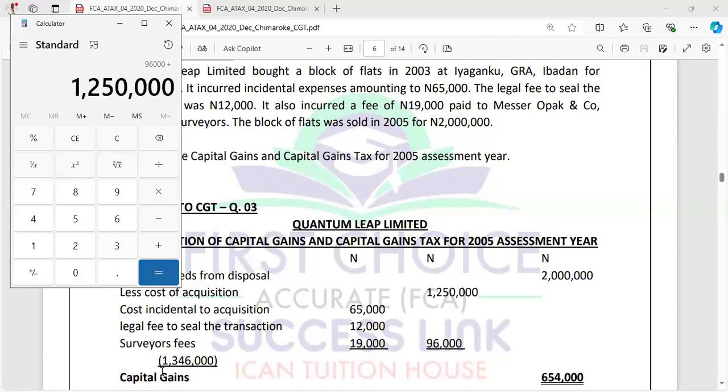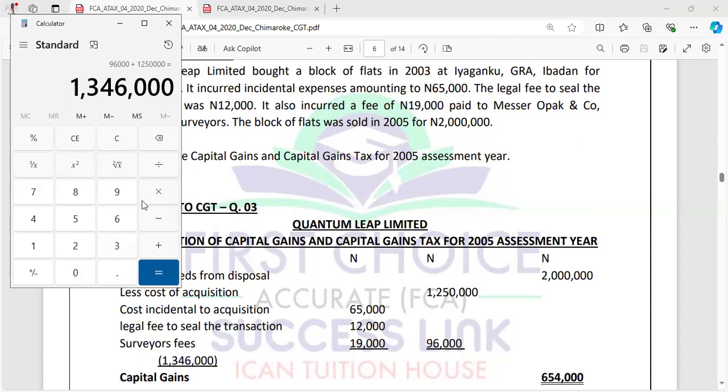We have 1,346,000, which is what is supposed to be here. So all the allowable expenses are 1,346,000.